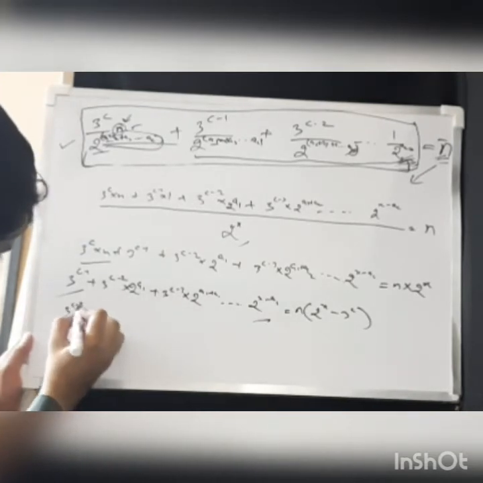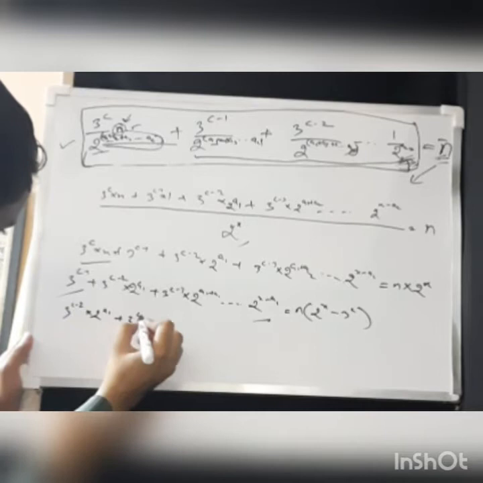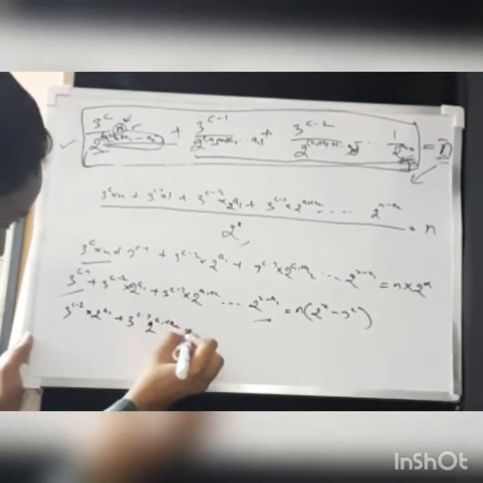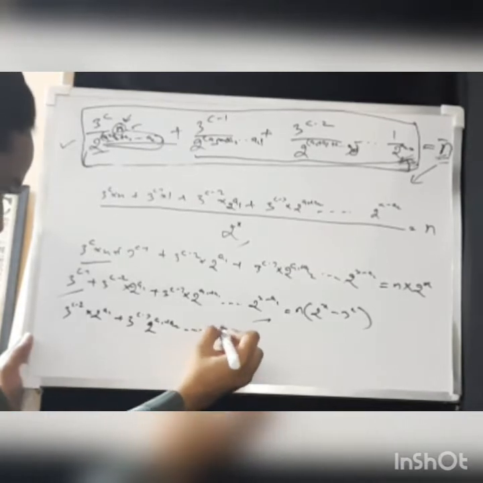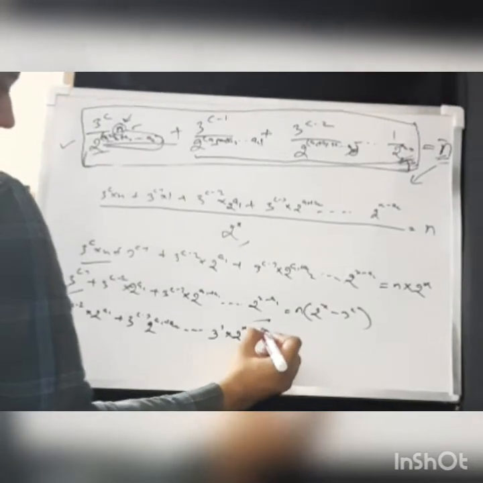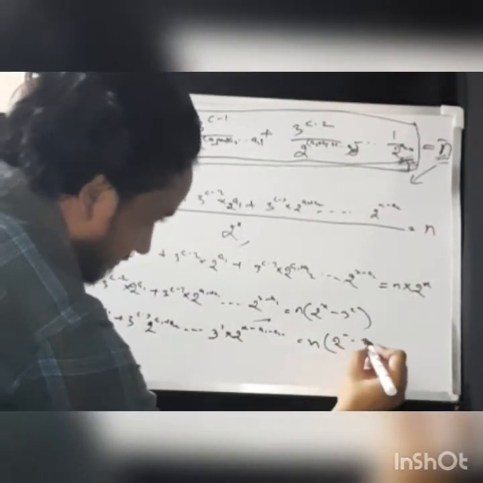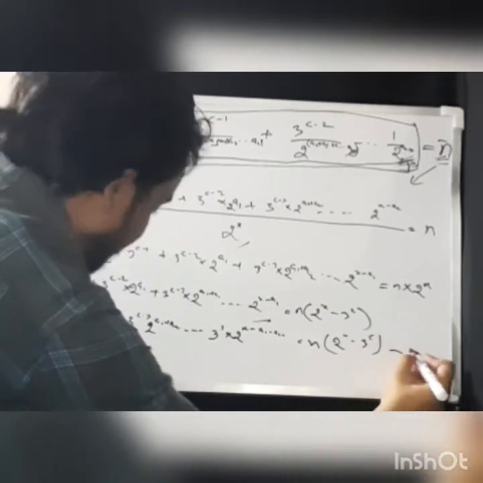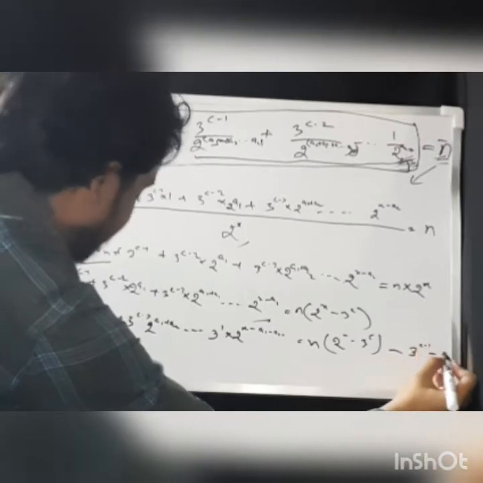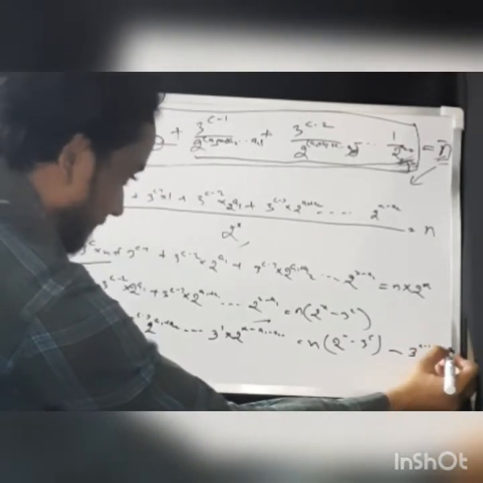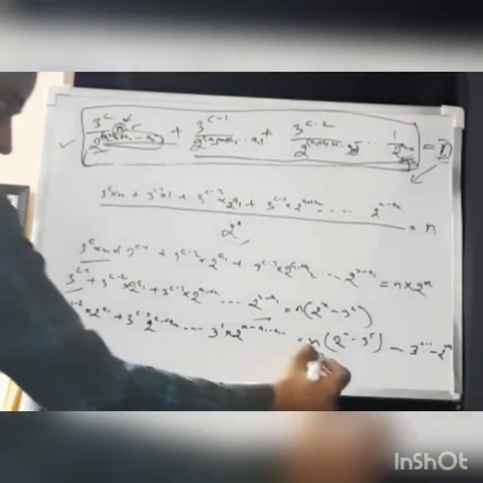So I have 3 to the power c minus 2 into 2 to the power a1 plus 3 to the power c minus 3 into 2 to the power a1 plus a2, until 3 to the power 1 into 2 to the power x minus ac minus ac minus 1, which is equal to n into 2 to the power x minus 3 to the power c minus 3 to the power c minus 1 minus 2 to the power x minus a1. So this is what I end up with.